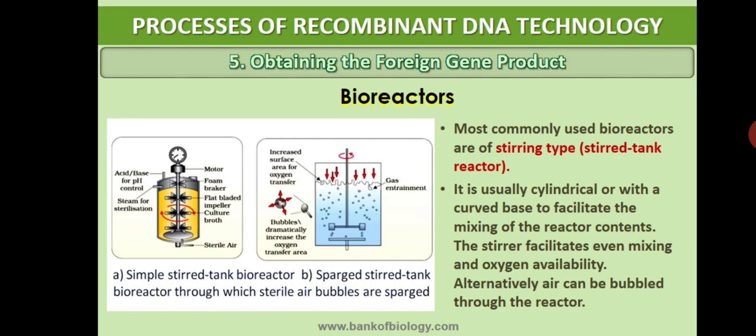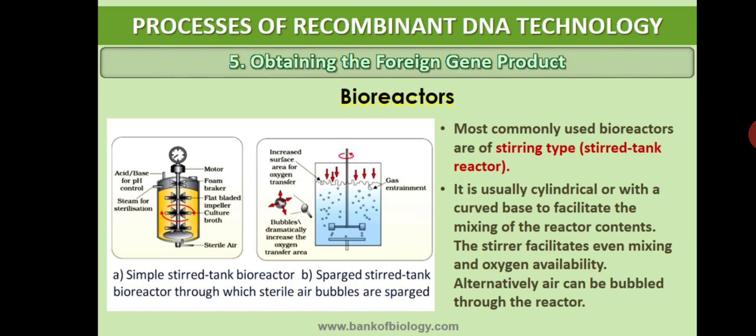Okay, next you can see the most commonly used bioreactors are of the stirring type. In biotechnology or recombinant DNA technology, the most commonly used bioreactor is the stirred tank bioreactor.